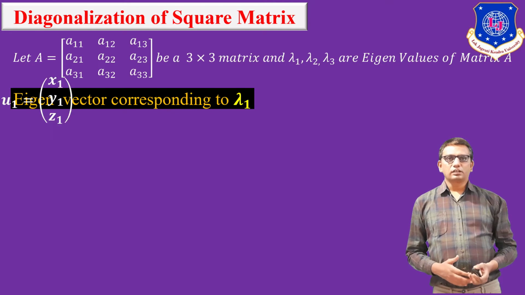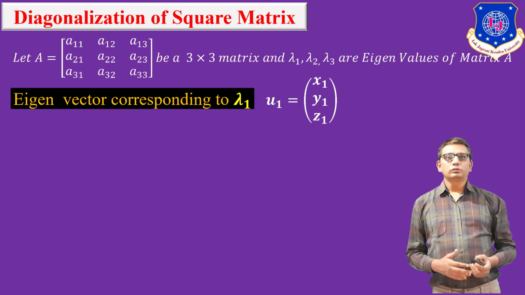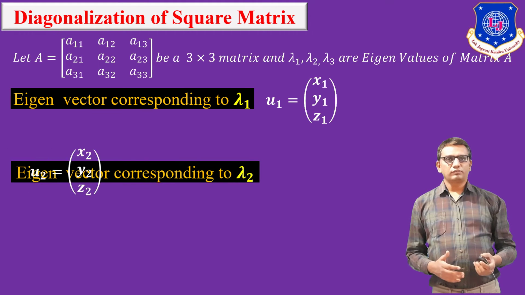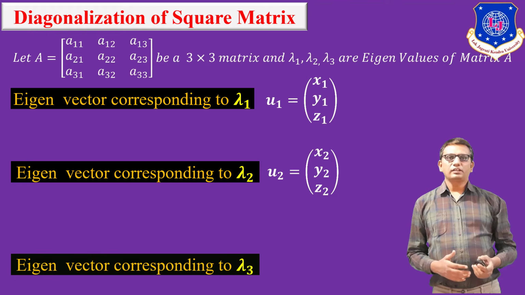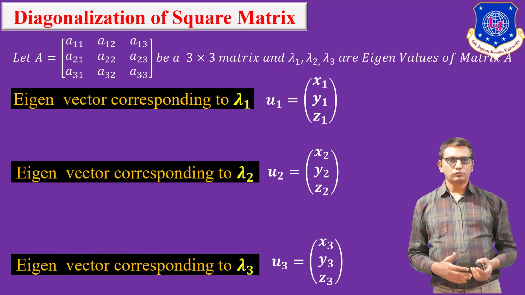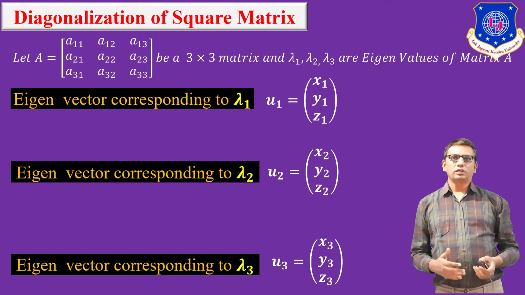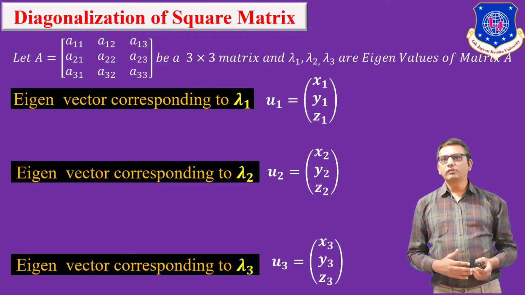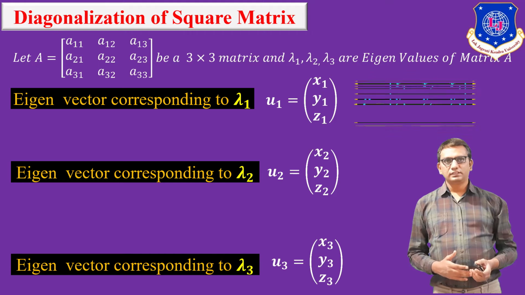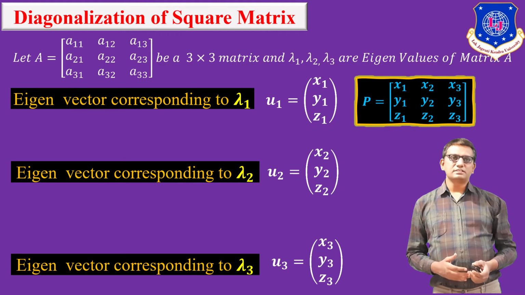Here the eigenvector corresponding to lambda 1 is x1 y1 z1. The eigenvector for lambda 2 is x2 y2 z2 and x3 y3 z3 is the eigenvector corresponding to lambda 3. So now we make one matrix. Here our matrix looks like x1 y1 z1, x2 y2 z2 and x3 y3 z3.